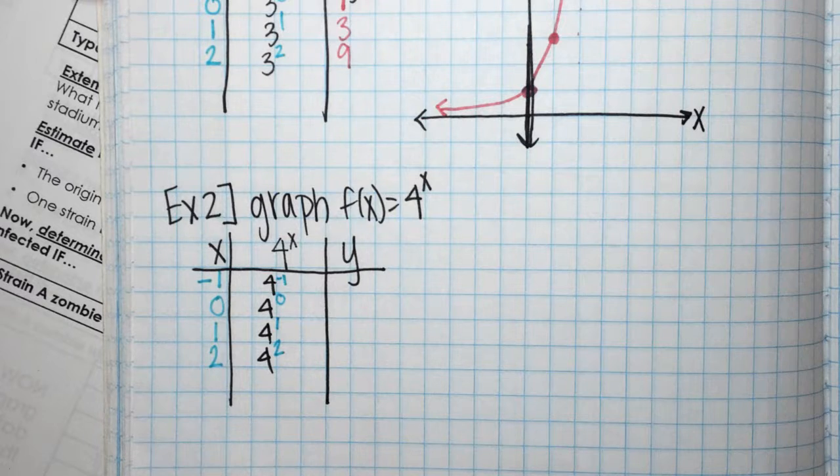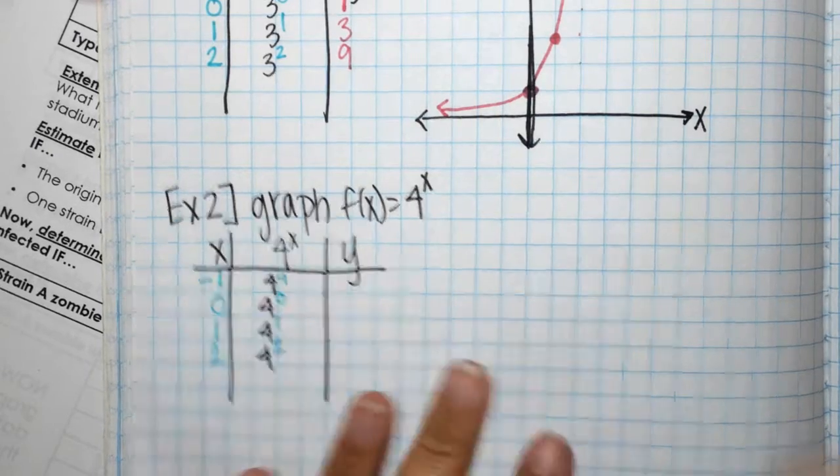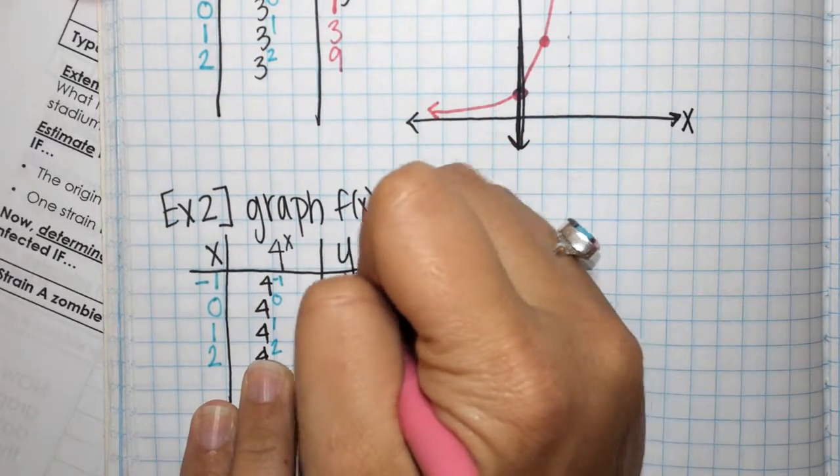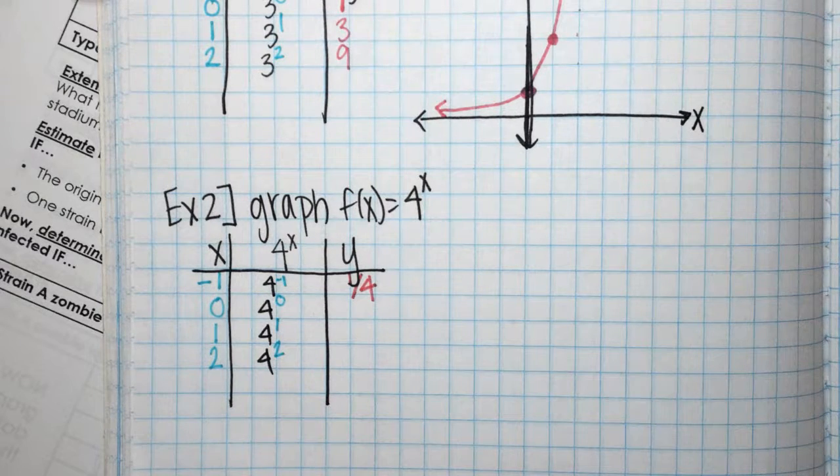All right, now on the first one, does anybody remember what we do when we have a negative exponent? We flip it. So what's this going to become? If we flip it over, what's on top now? 1. So it's 1/4. All we did was flip it. It's 1/4.